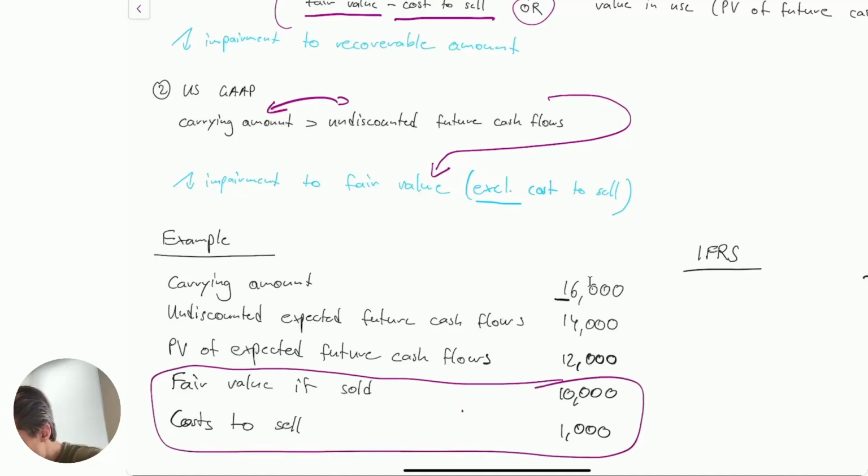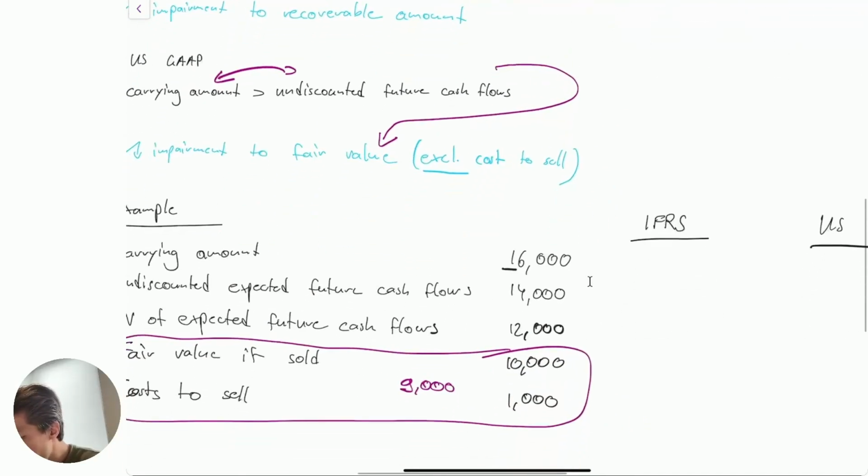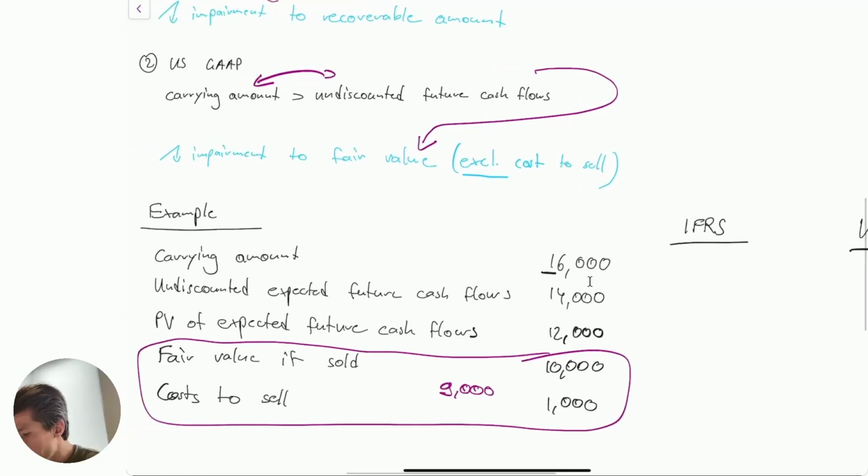So we have 9,000, 10 minus 1. You compare this with your present value of expected future cash flow, 12. This is your value in use, and you use whatever is higher. So here, your present value of expected future cash flow is higher, so you use 12K, and you compare your carrying amount with this one, which is in your case your recoverable amount, because 12K is higher than 9K.